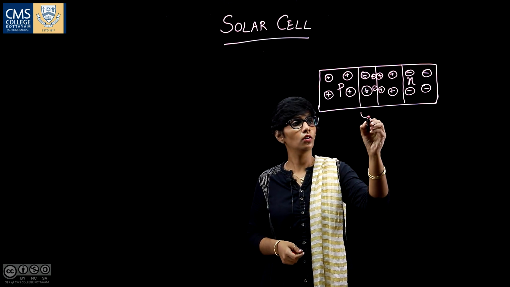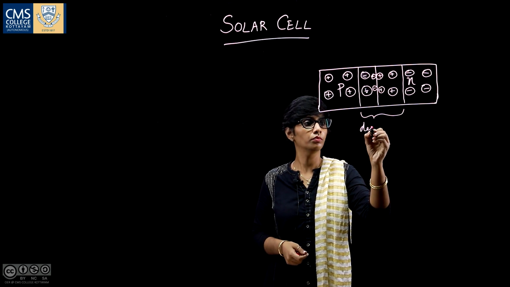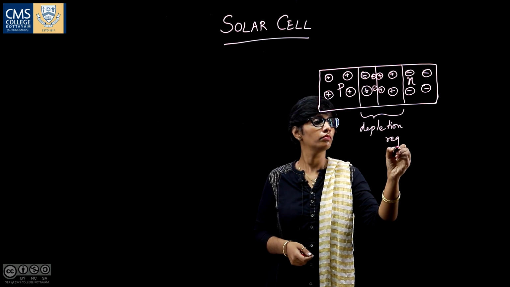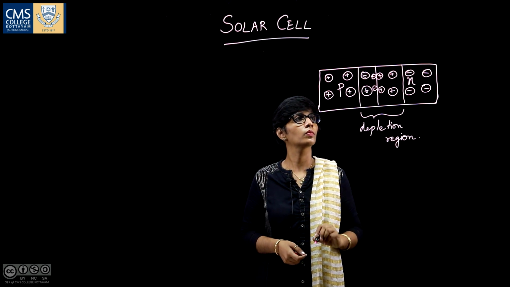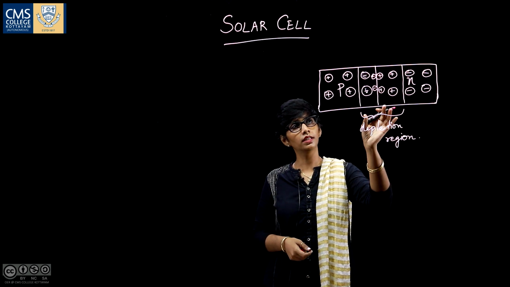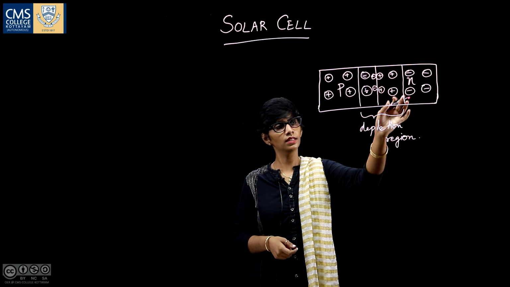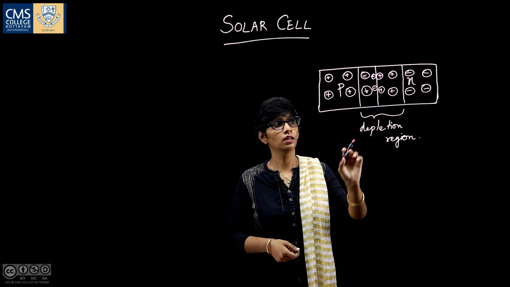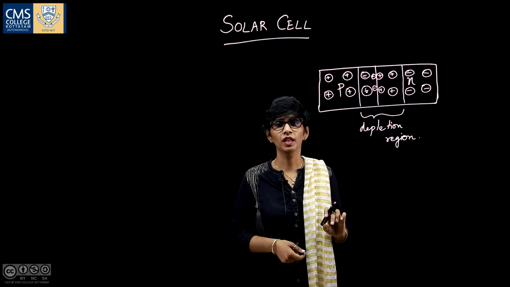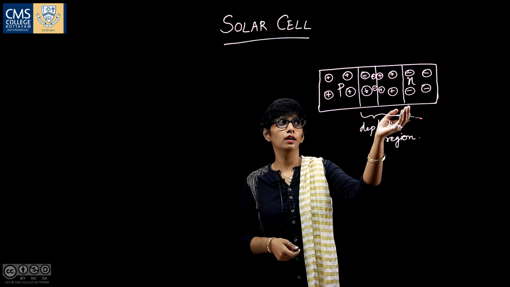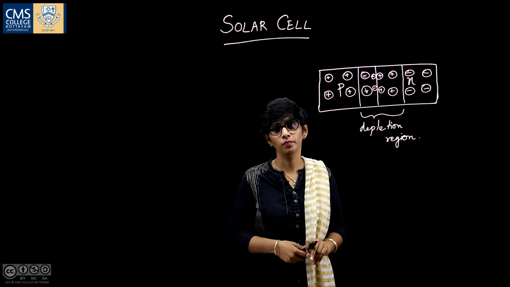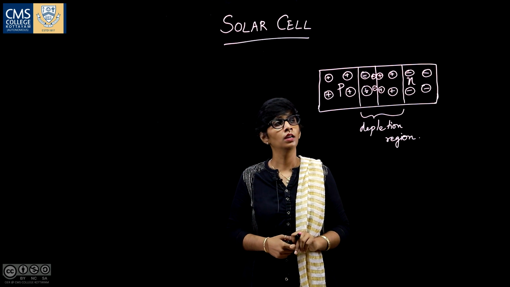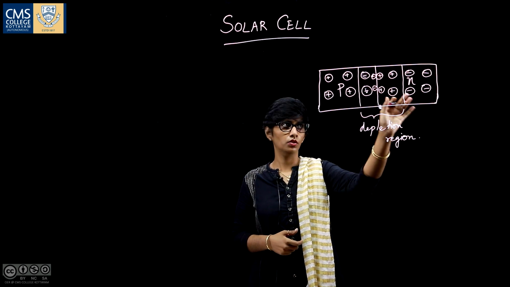This region is called the depletion region. In the depletion region, there is an electric potential difference which prevents the flow of further electrons into the junction. This potential is called the built-in potential. Here we are not giving any external source.